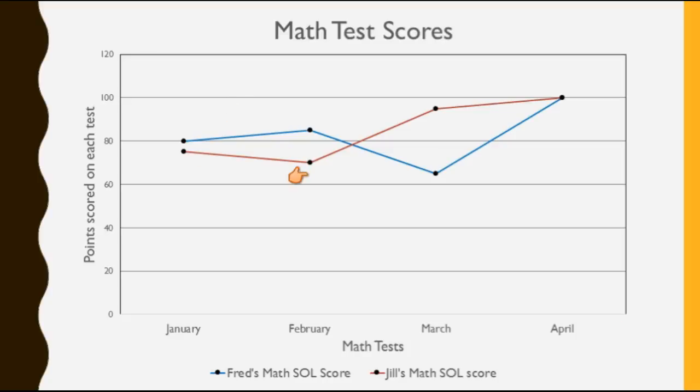If they were the same color, it would be really confusing. Since we made Fred's math scores in blue, you plot the dot for his scores, and then you connect it with that blue line so you can see over time if he's getting better or worse.